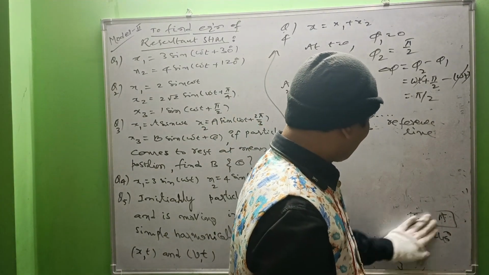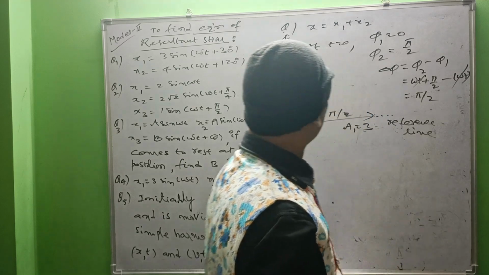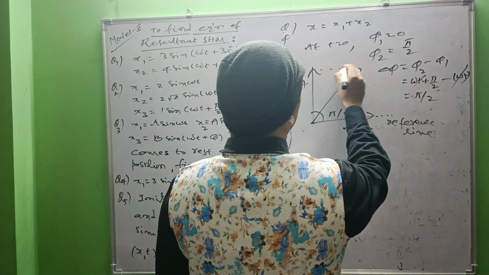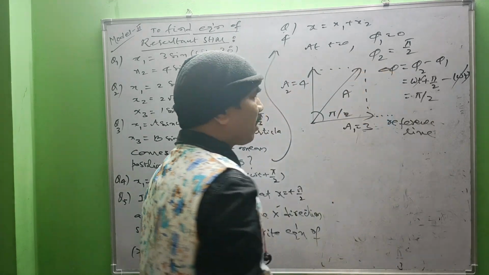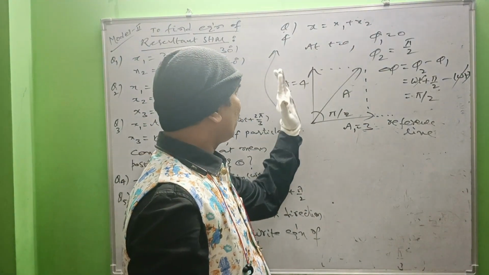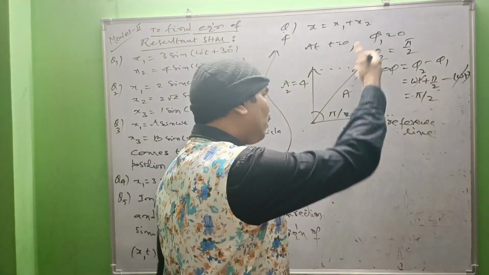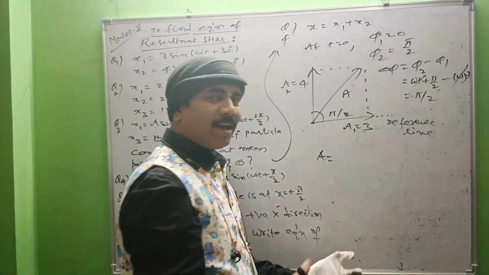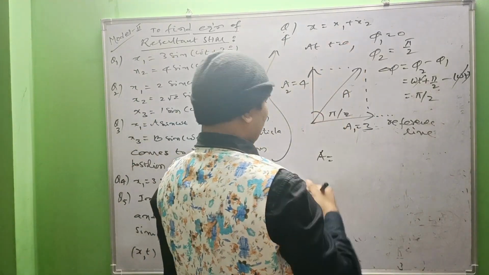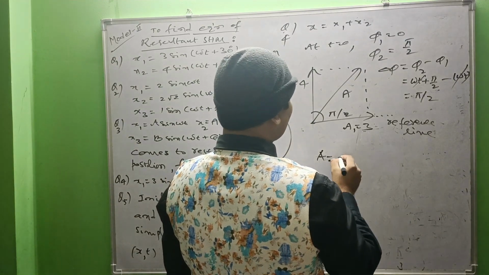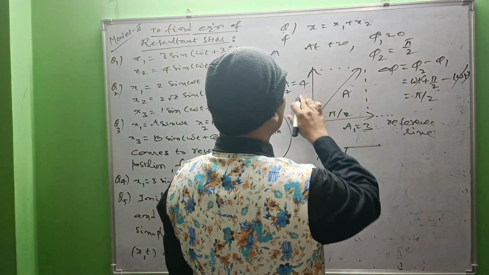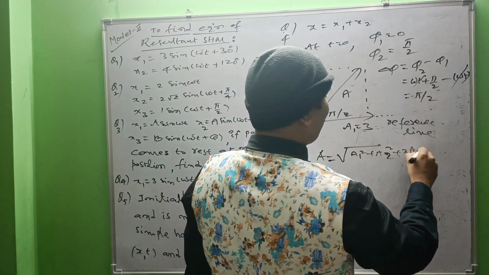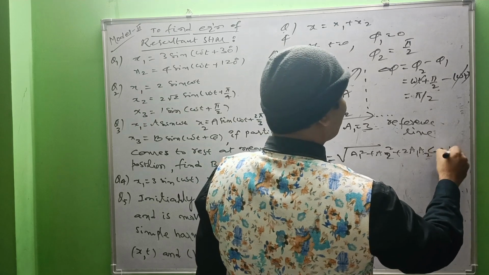Now, what is the expression for the resultant oscillation? We need to find the resultant amplitude. Close it to form a parallelogram, with one side parallel to A1 and one more side parallel to A2. Now this is the diagonal, as usual. So A equal to, as per the parallelogram law of vector addition, root over A1 square plus A2 square plus 2 A1 A2 cos of the angle, which is pi by 2.